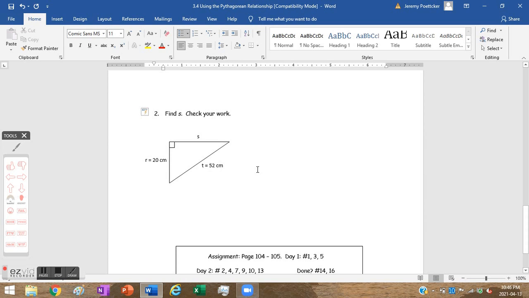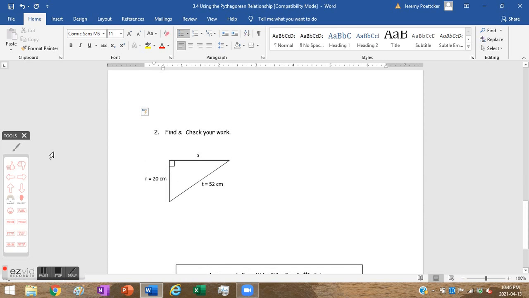One more practice one here. You try this one without my help to start with. Okay, so your turn. Give this a try. I'll give some hints here if you need help. So again, I've got r and s as my short sides, t is my long side.